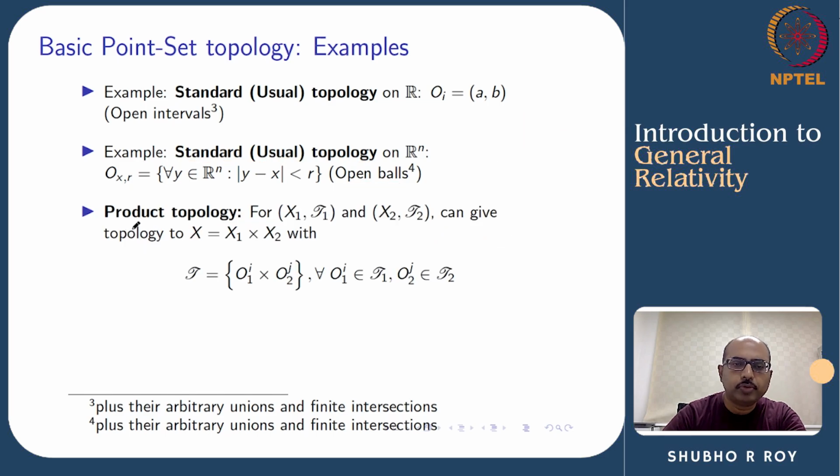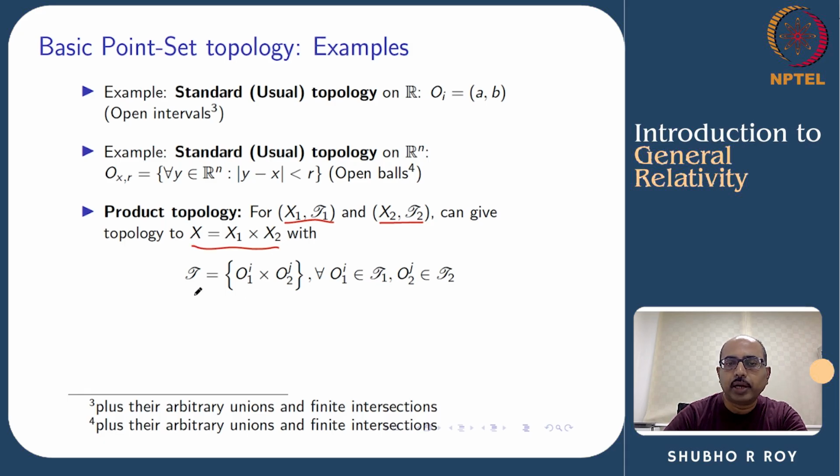Another associated notion is that of a product topology, and the idea is that if I have two topological spaces X1 and X2, with script T1 and script T2 giving the topology to X1 and X2 respectively, then we can also define a topology for the Cartesian product of X1 and X2.